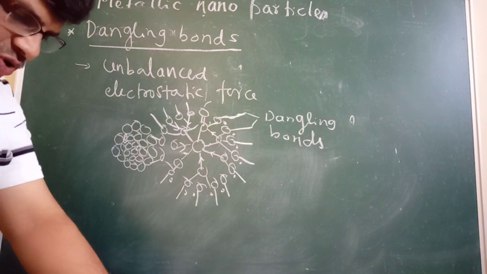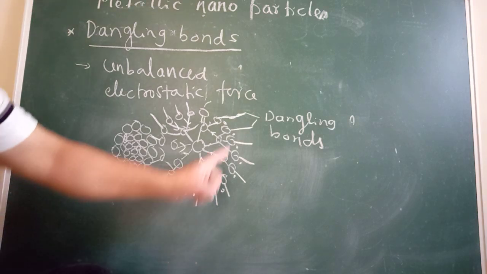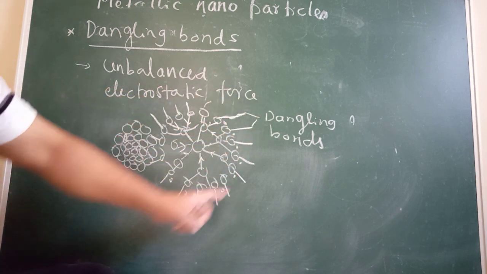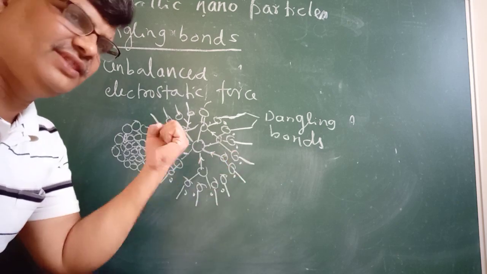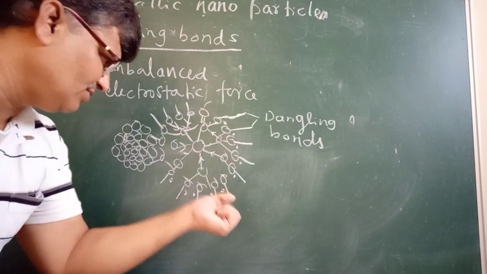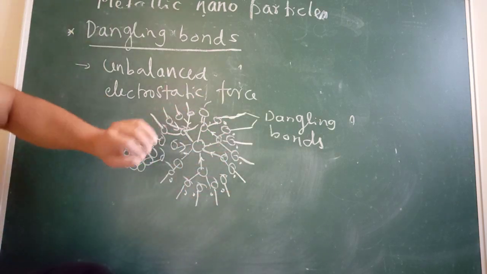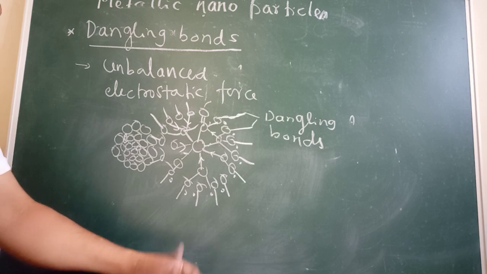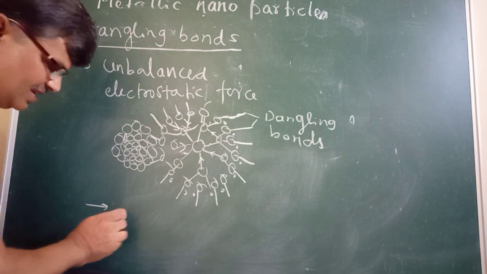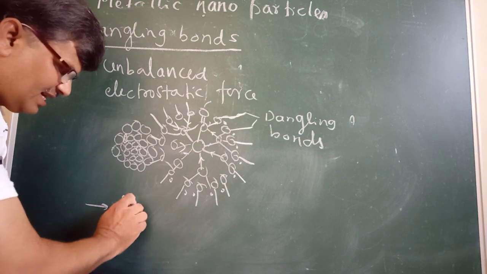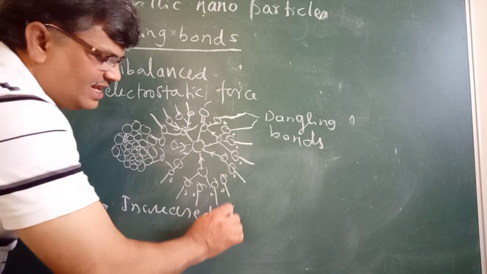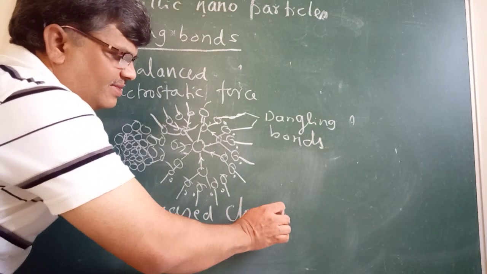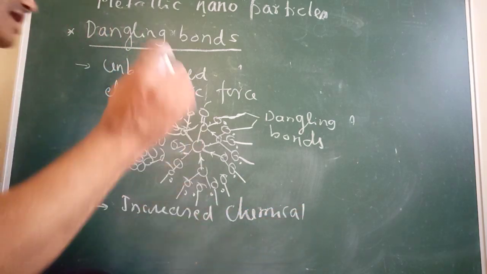These dangling bonds appear, and due to this they are ready to react with any outside atoms. So in the case of metallic nanoparticles or any nanomaterials, we can see increased chemical reactivity.